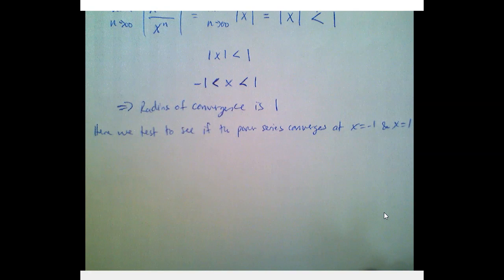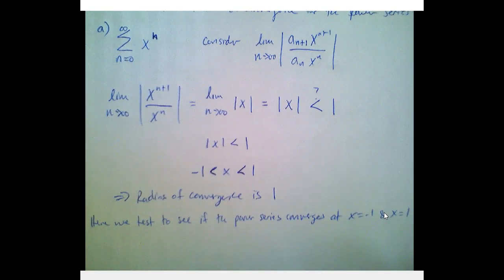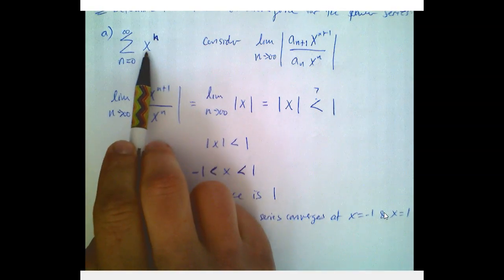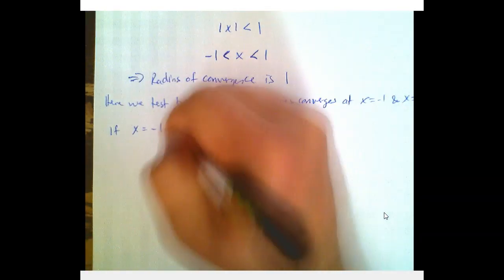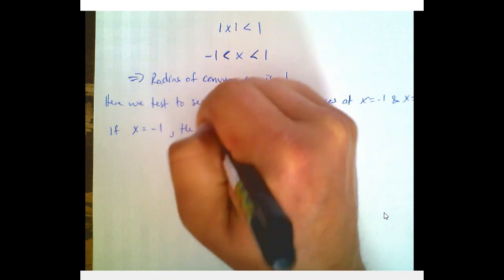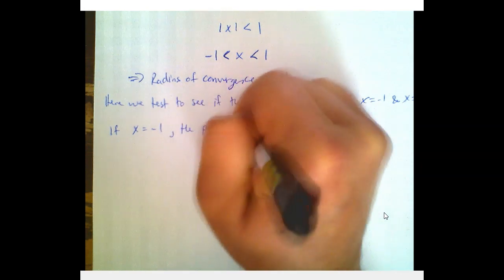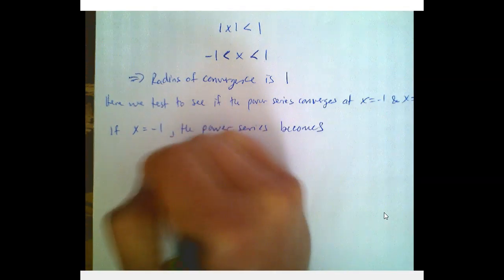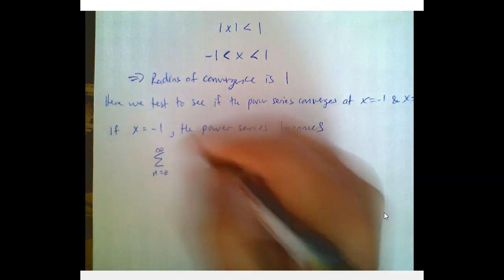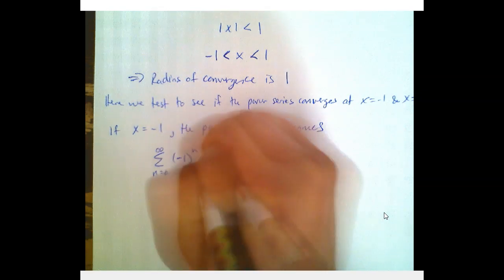So how do we do that? Well, we just go back to the original series. If x equals -1, the power series becomes the sum from n equals 0 to infinity of (-1)^n.